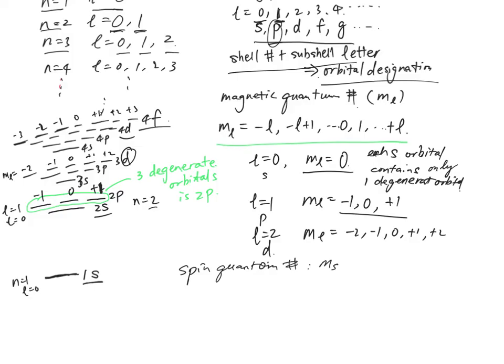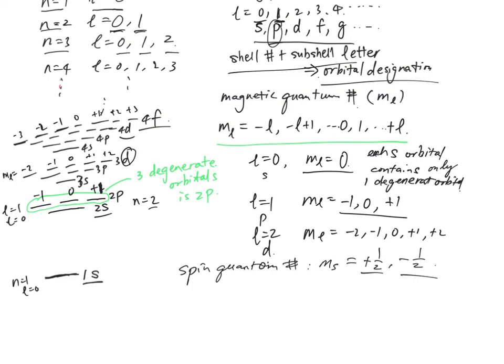The answer to that question is actually no. The spin quantum number has only two values. It's either +1/2 or it's -1/2.